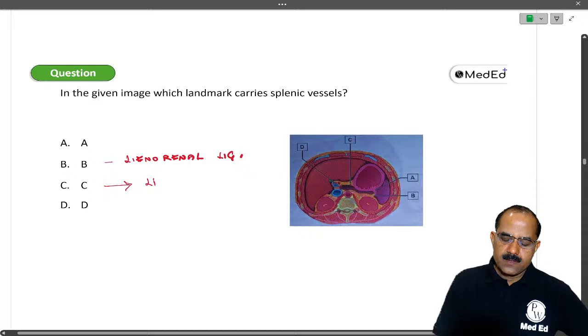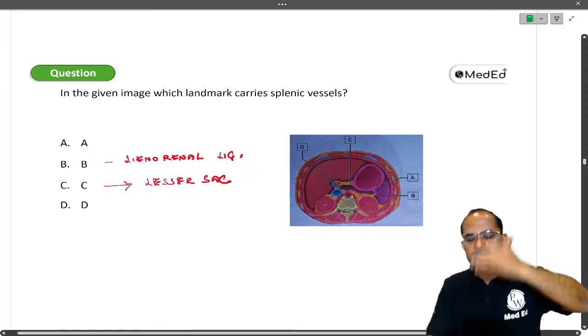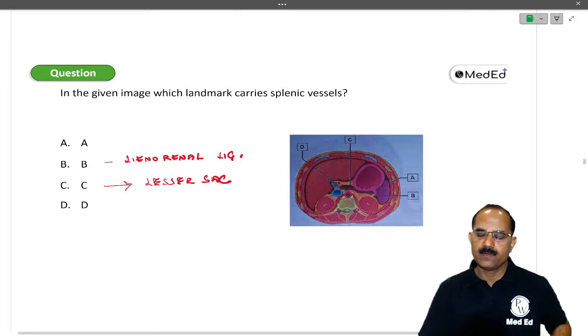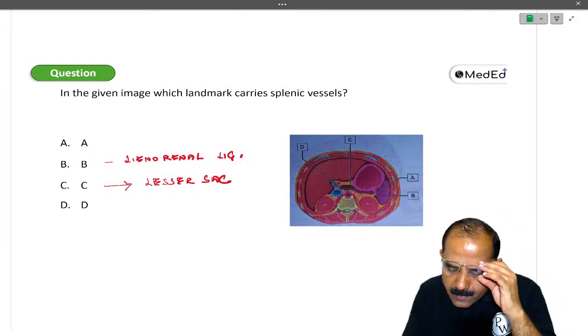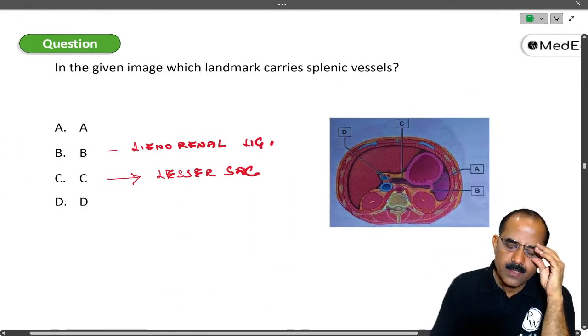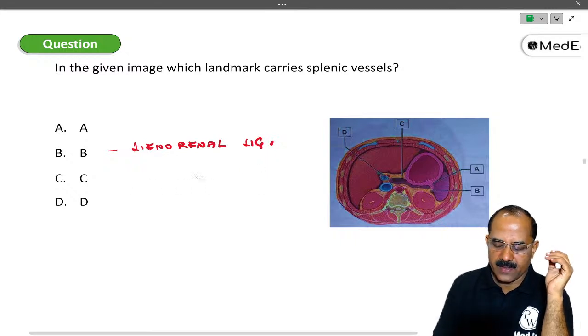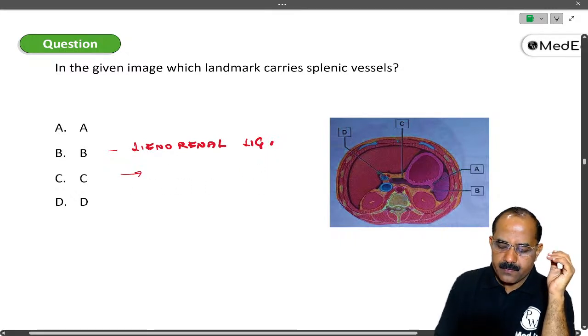C is lesser sac. वो stomach के पीछे एक sac होता है. There's a sac behind the stomach which is known as the lesser sac. C gastrosplenic है. अच्छा, C is gastrosplenic. Sorry. I couldn't see that clearly. C is gastrosplenic.